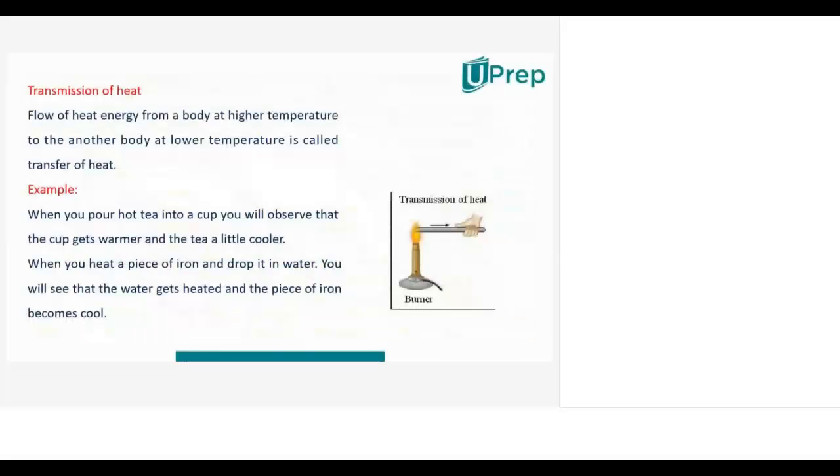Now, can you say up to what extent the heat energy transfer will take place? Anyone?